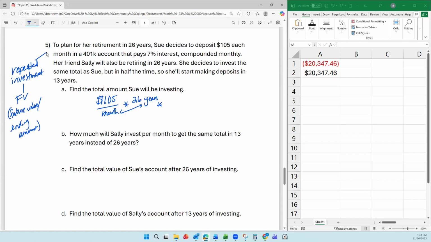So I need a 12 months per year in there. So she's not just doing the $105 26 times, she's doing it 12 times, 26 times. So that is a total. Again, I have Excel up. I'll just use it on my calculator and put in equals 105 times 26 times 12.